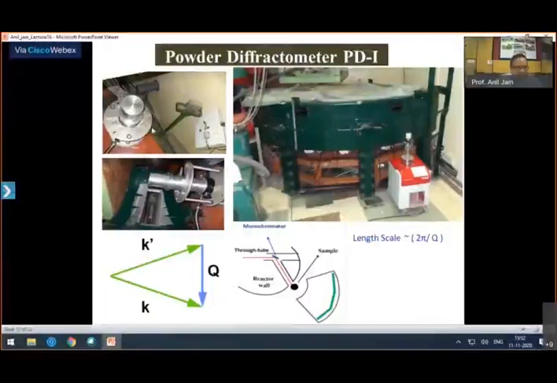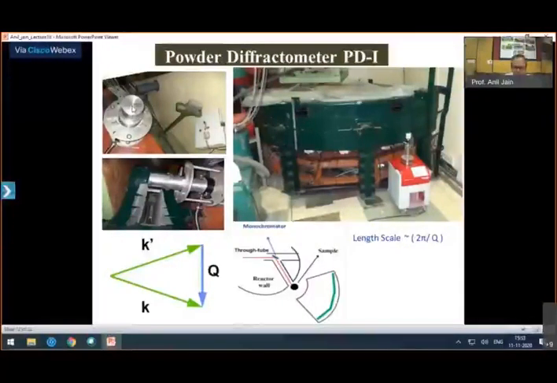As these neutrons are coming, this is the CCR, the device used to attain low temperature for your system. Your monochromatic neutrons come and fall on this sample. So what kind of sample holder do we have?